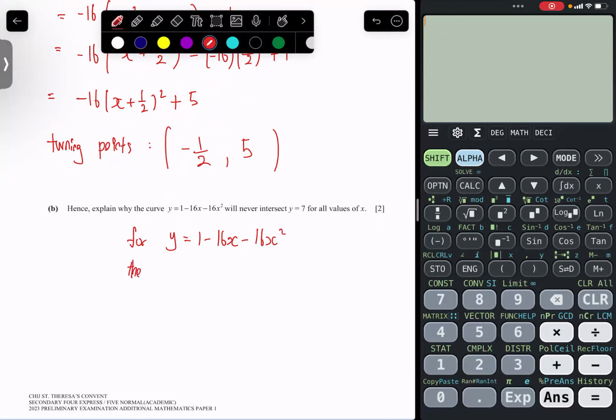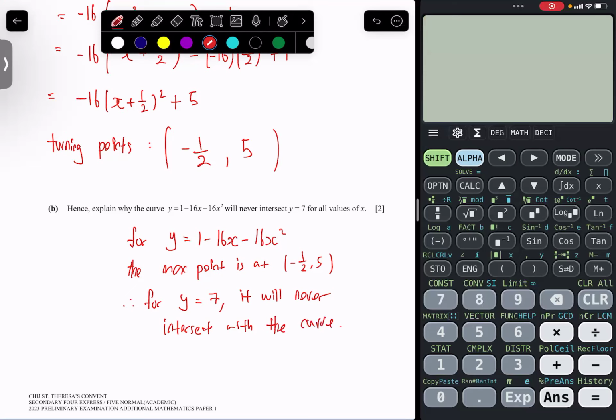So the maximum point is at negative half and 5, which means that y equals 5 is the maximum. Therefore, y equals 7 will never intersect with the curve.